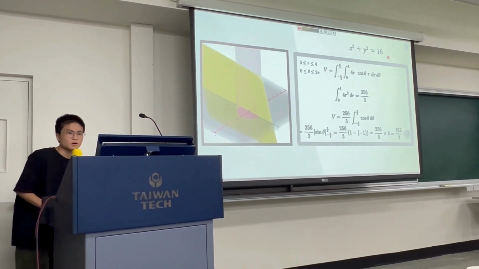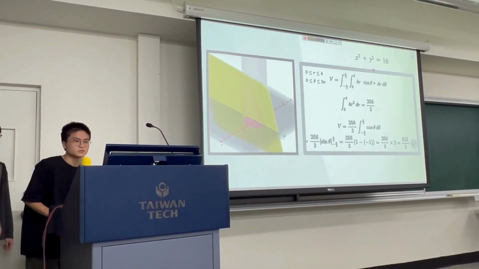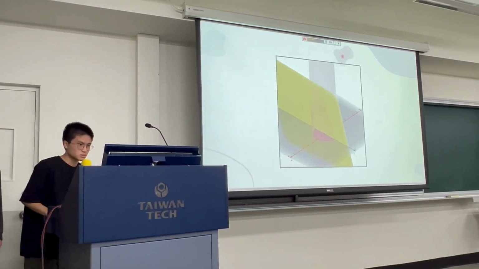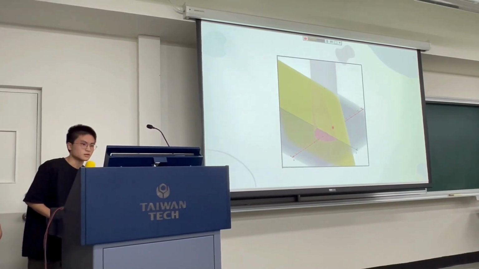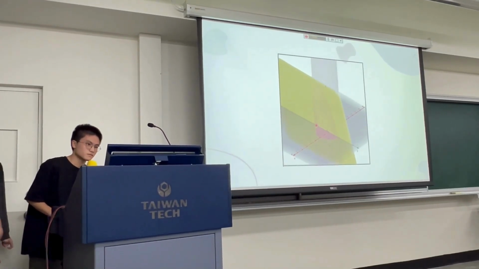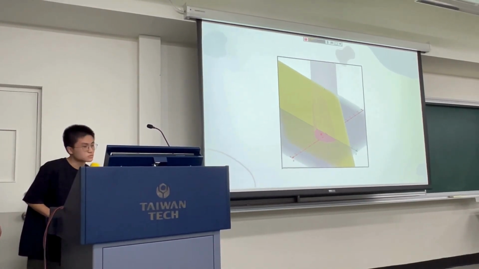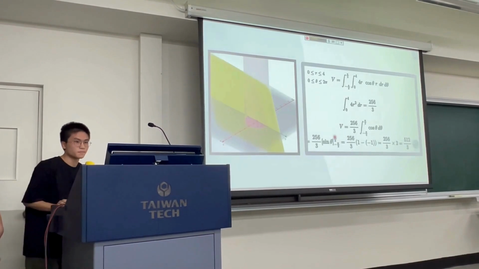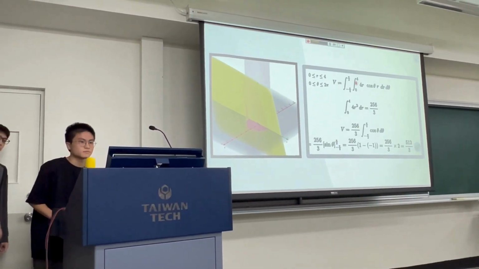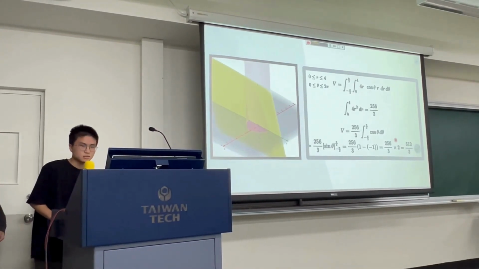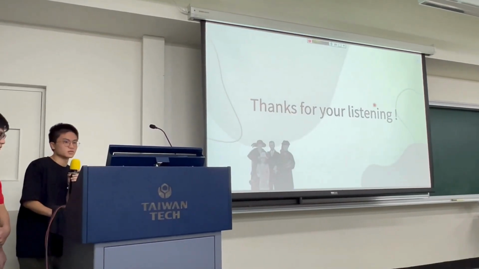In terms of r, we find the radius is 4 from this equation. And in terms of theta, from this diagram we can find the limits of integration are from negative 90 degrees to positive 90 degrees. And finally, after evaluating the double integral, we get the answer 512 over 3. And thanks for your listening.